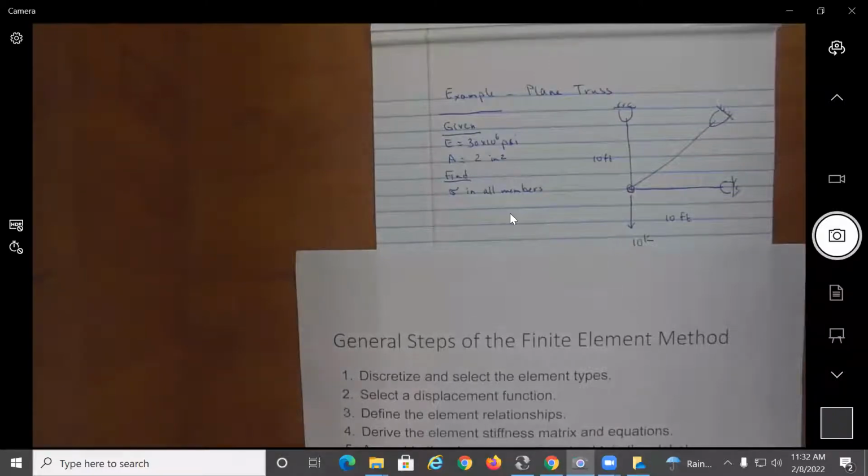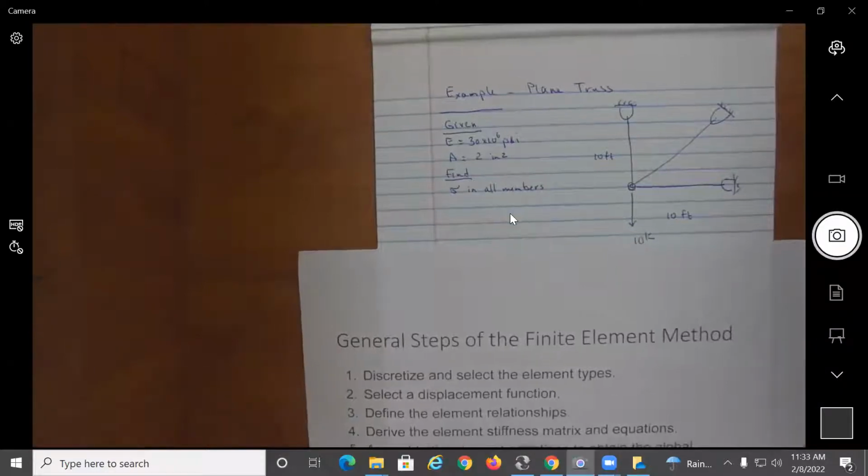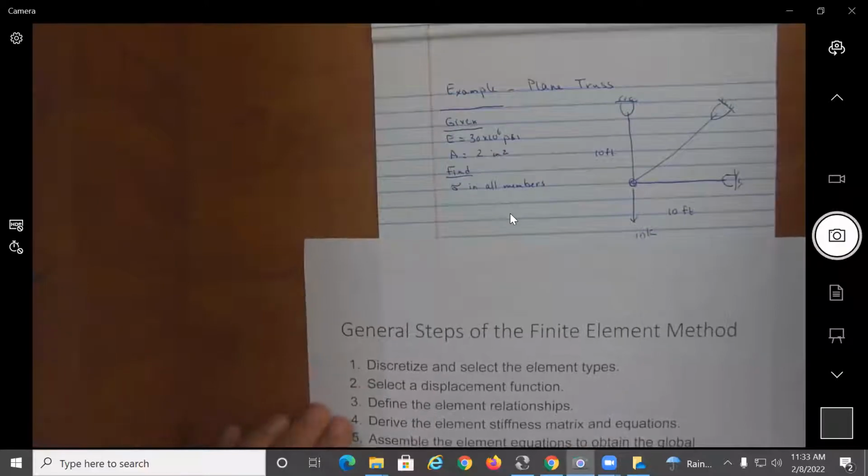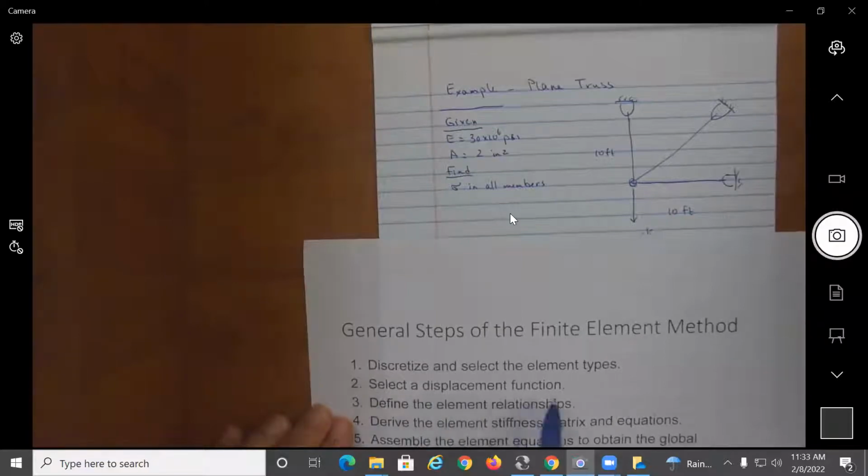Discretize is very easy because it's made of an assemblage of pieces. So I can just make each piece an element. And I want to label the nodes and the elements in order for me to write the element stiffness matrices. I want to say here, for step 2 and step 3, this is what we've been doing in this chapter. We've already selected the displacement function and we derived the element relationship.